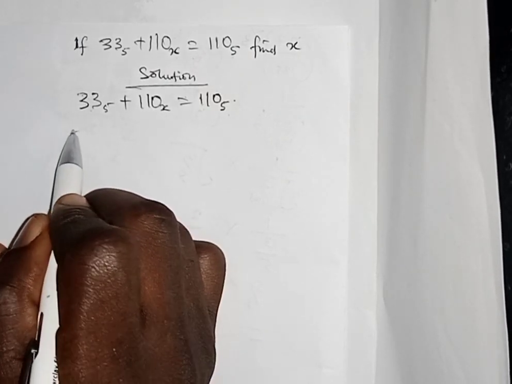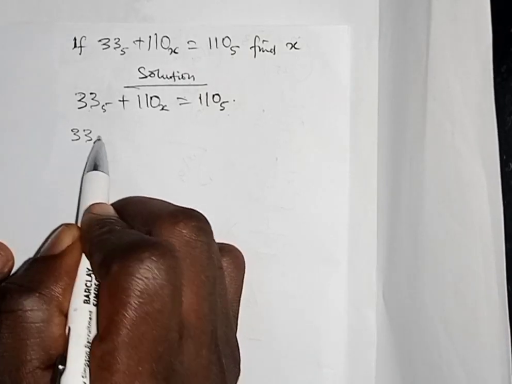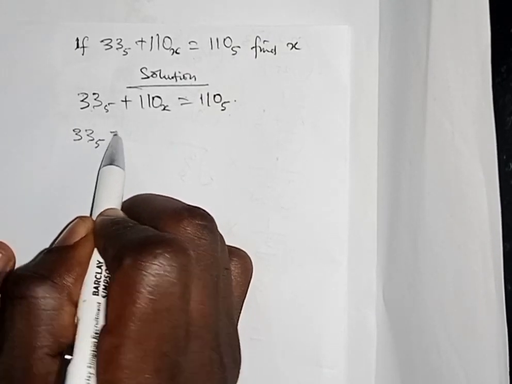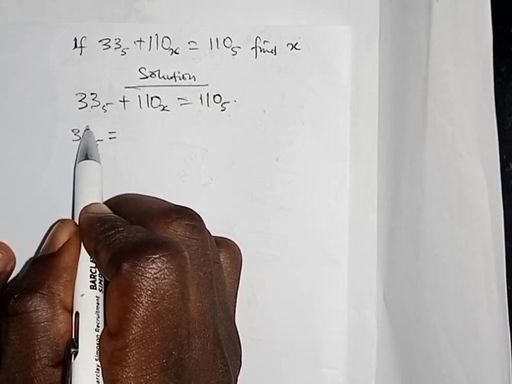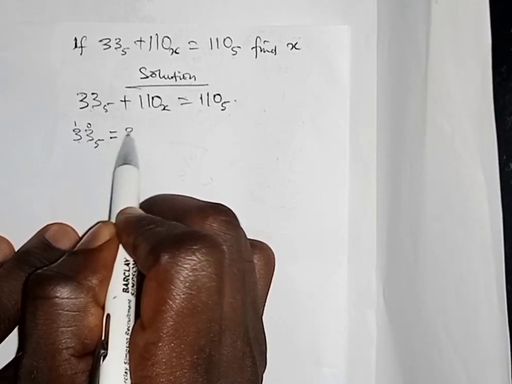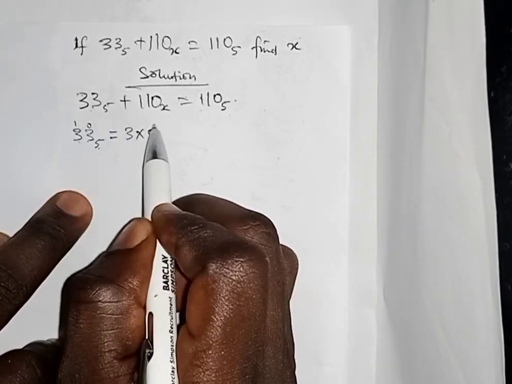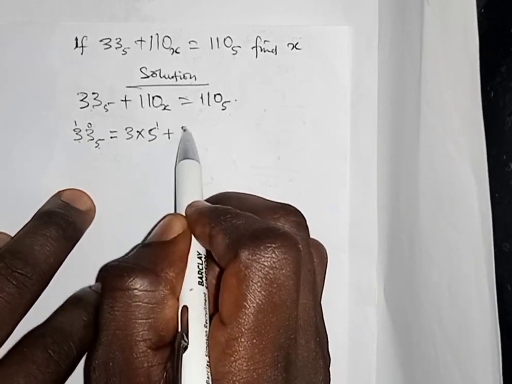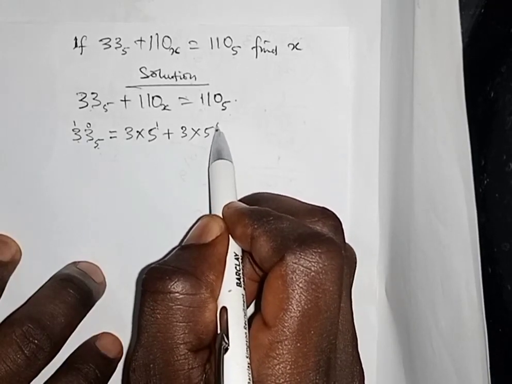Okay, so let me convert the first one, 33 base 5, to base 10. To do that, I am just going to multiply each digit by the base raised to its position, so let me number the positions 0, 1. I am going to say 3 times 5 raised to power 1 plus 3 times 5 raised to power 0.